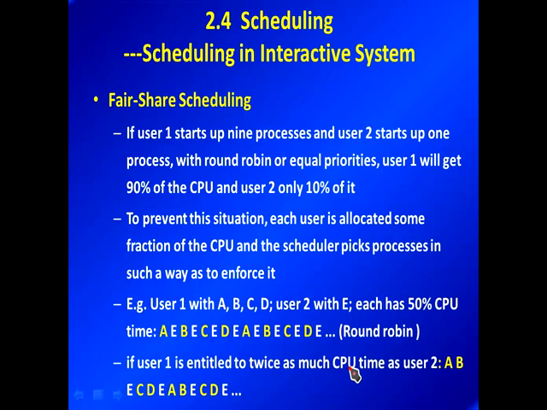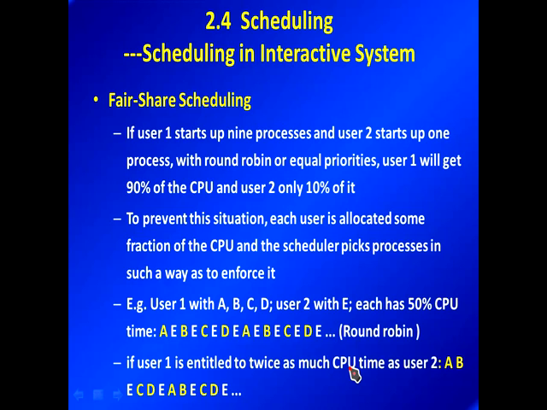And the last one we need to learn about is called fair share scheduling. For all the other scheduling algorithms you can see, they are all about the processes.